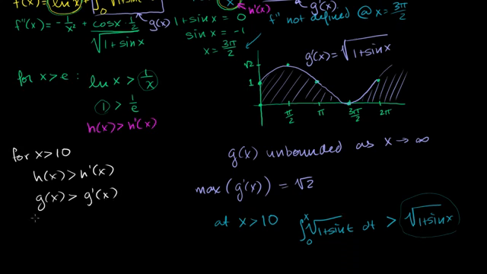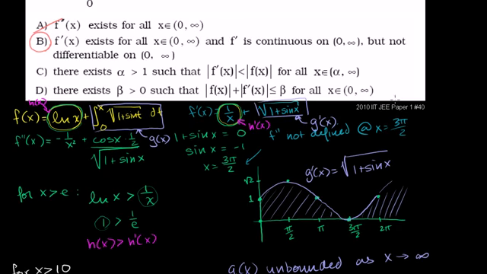So we know that f of x, which is equal to h of x plus g of x, is going to be greater than f prime of x, the sum of the derivatives, which is equal to h prime of x plus g prime of x. So we know that this is true. We can make alpha equal 10, and this thing is going to be true. So this is true.